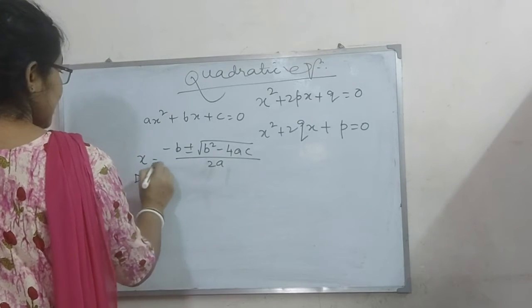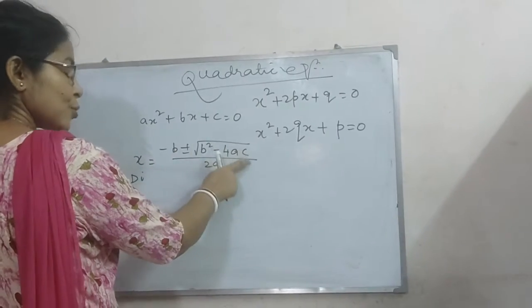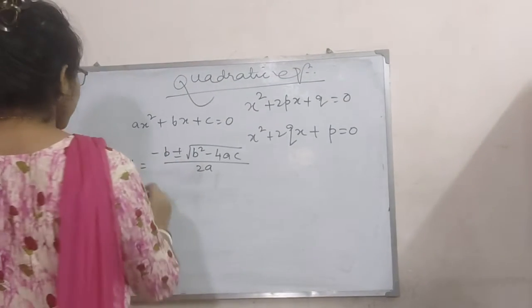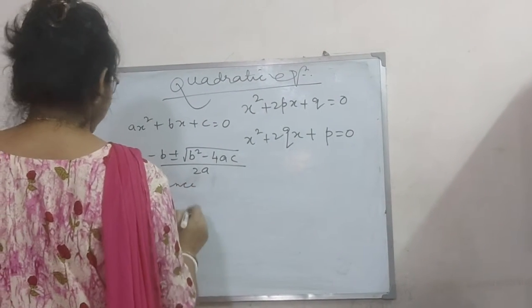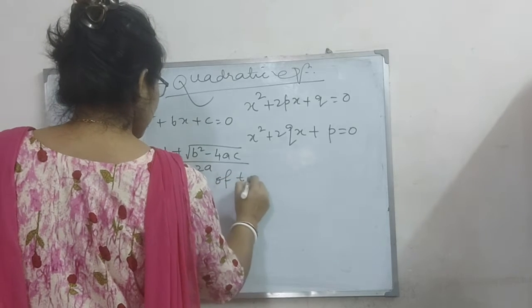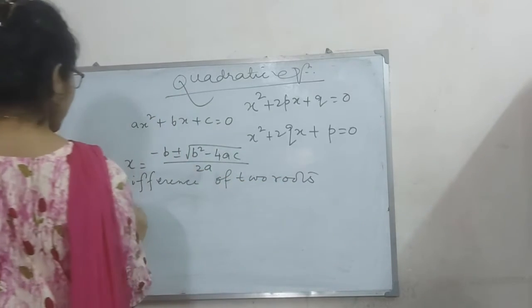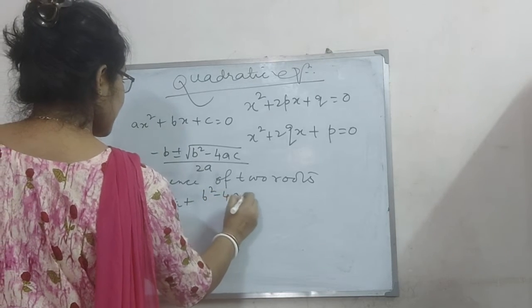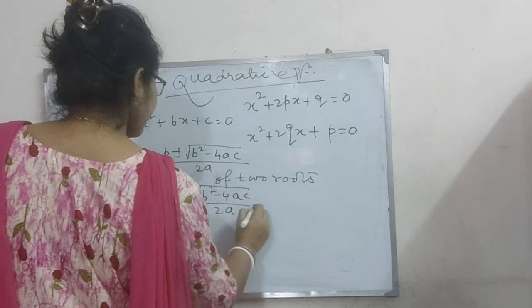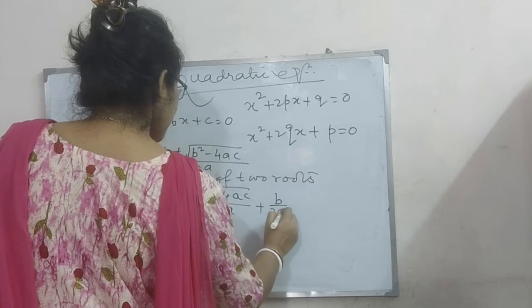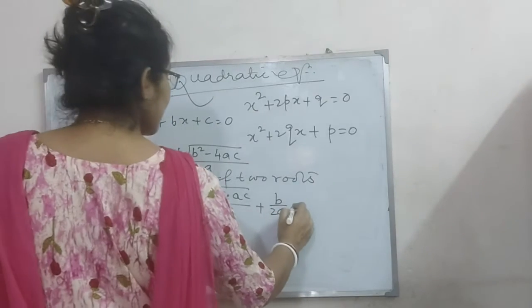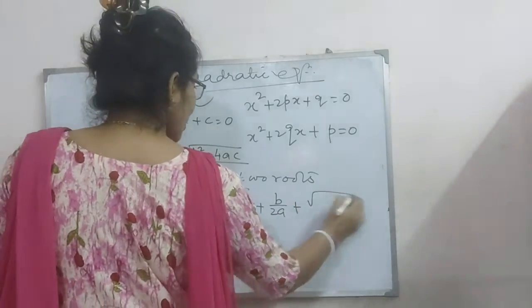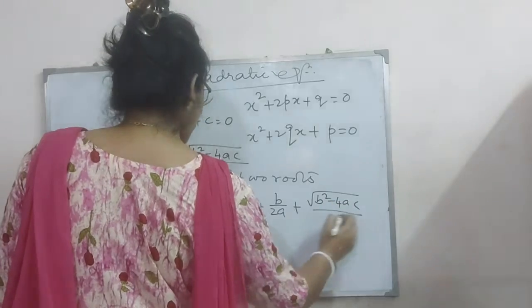Difference of two roots: minus b plus root over b square minus 4ac by 2a, and minus b minus root over b square minus 4ac by 2a.